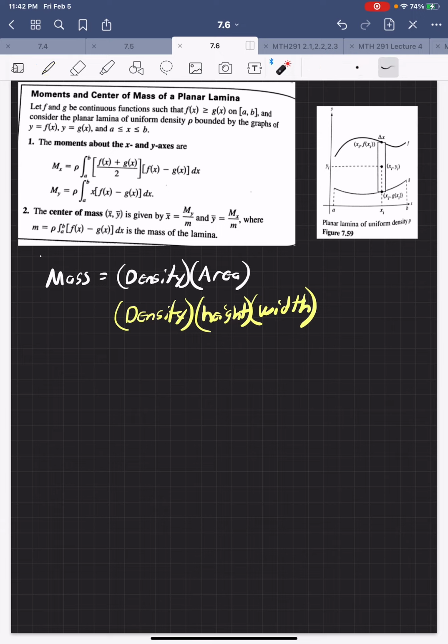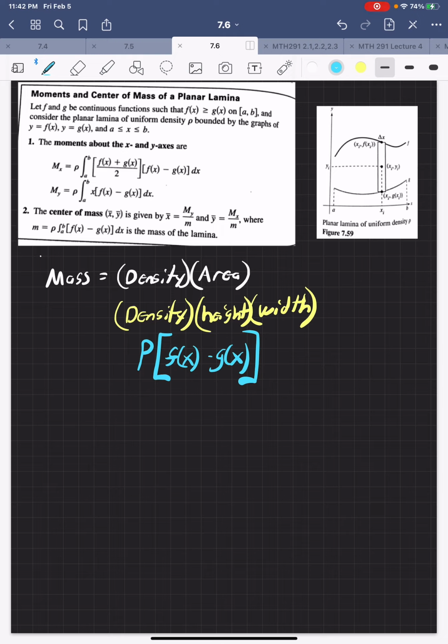First off, this rho is what we use for density. So where does that rho come from? That is what represents density in that problem. And then, of course, if you want height, it's just f of x minus g of x. So that would give you the height at any point.